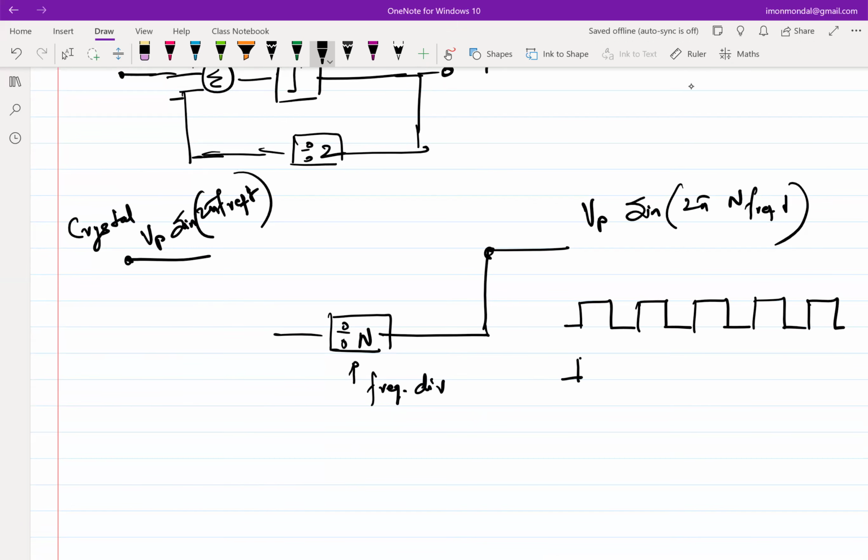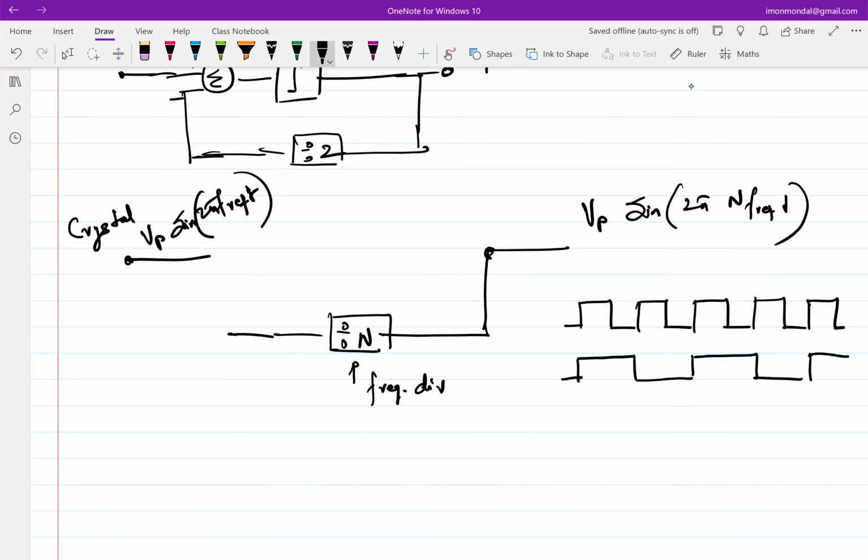It's like skipping a cycle and generating a waveform which is double in time period, which can easily be done using digital counters, right? You design a state machine, you skip one cycle, and so basically this divide by n is a digital counter.